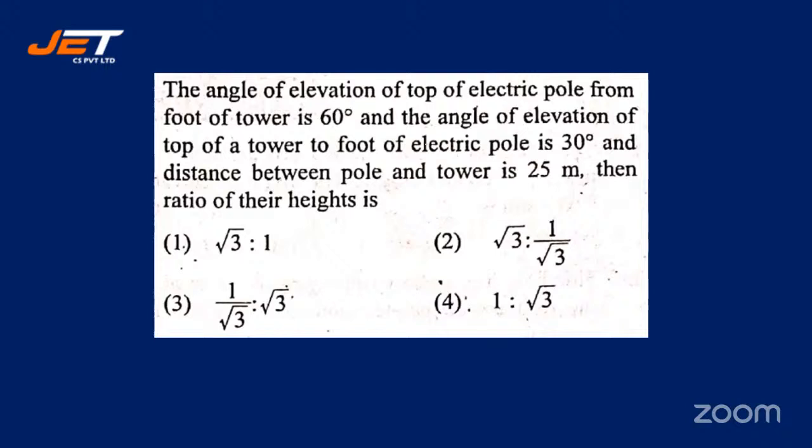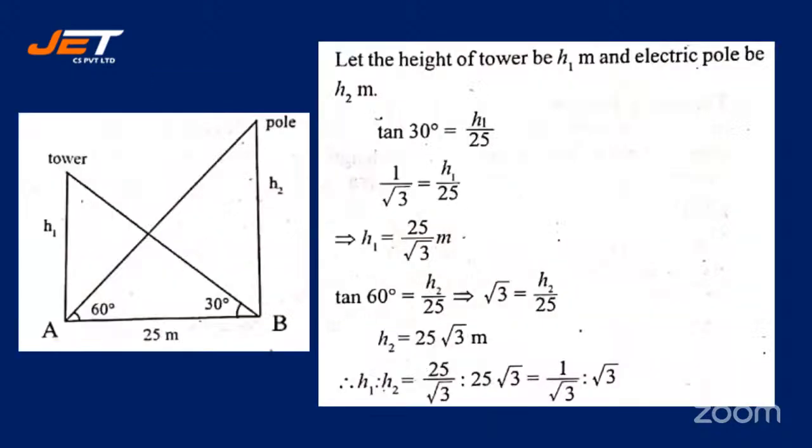The distance between the pole and the tower is 25 meters. Then the ratio of their heights is dash. Right. So you can see it has been clearly explained. Here, the angle of elevation of the top of the electric pole from the foot of the tower is 60 degrees.